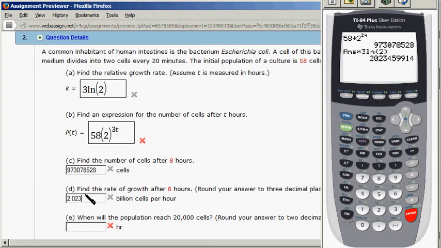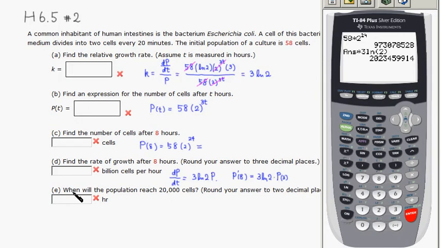Now let's look at part E. When will the population reach 20,000 cells? We don't know the t yet, so we set P of t, which was 58 times 2 to the 3t, equal to 20,000 cells.